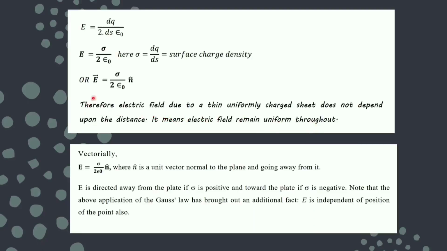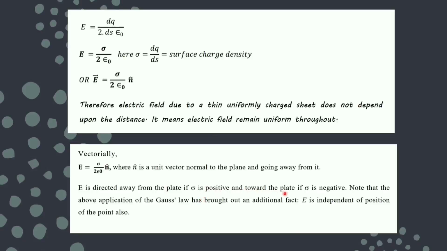So I have already written it in the form of a vector, where n cap is showing you the outward direction for the electric field, normal to the plane and going away from it. Here also you have to note down that if sigma is positive, it means charge is positive, and when charge is positive, as we have done, direction is outward as shown in the diagram.